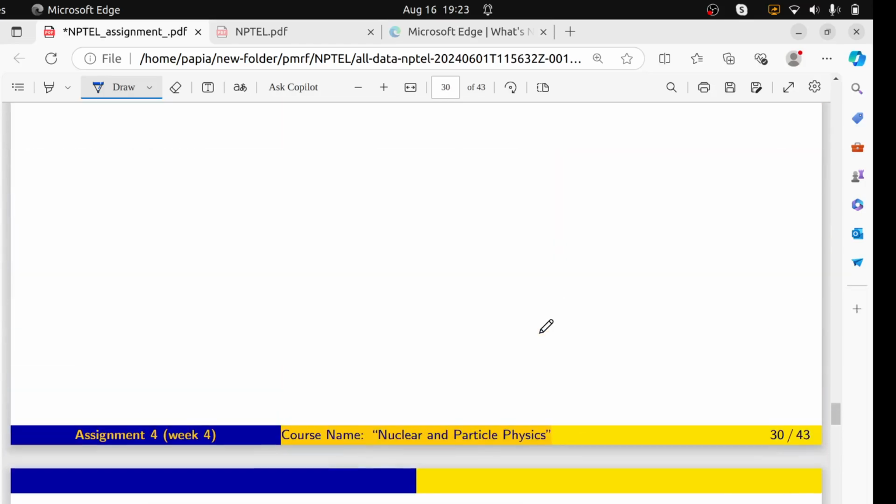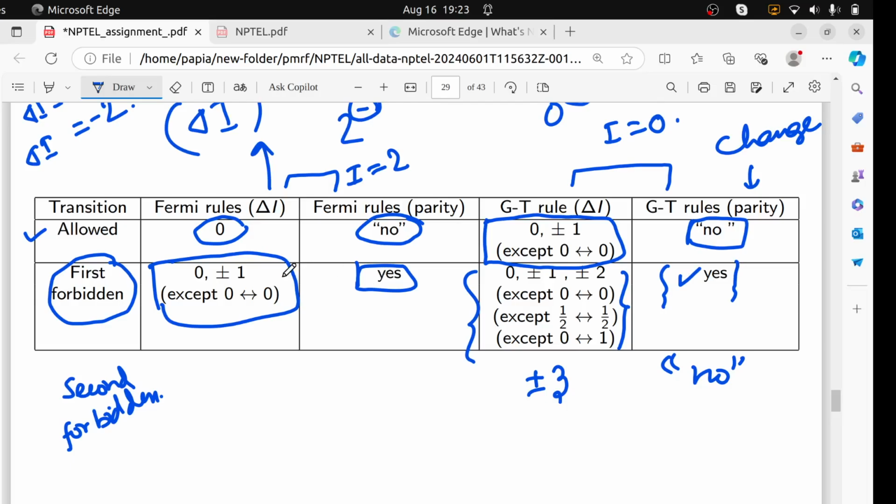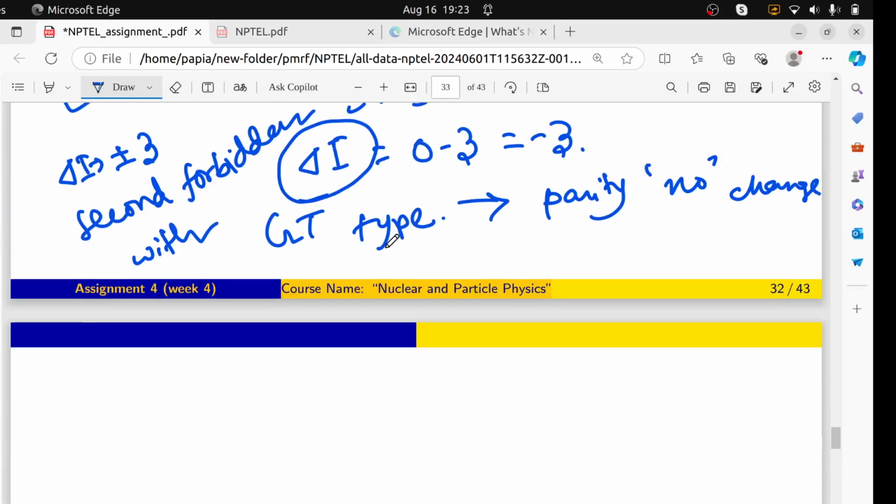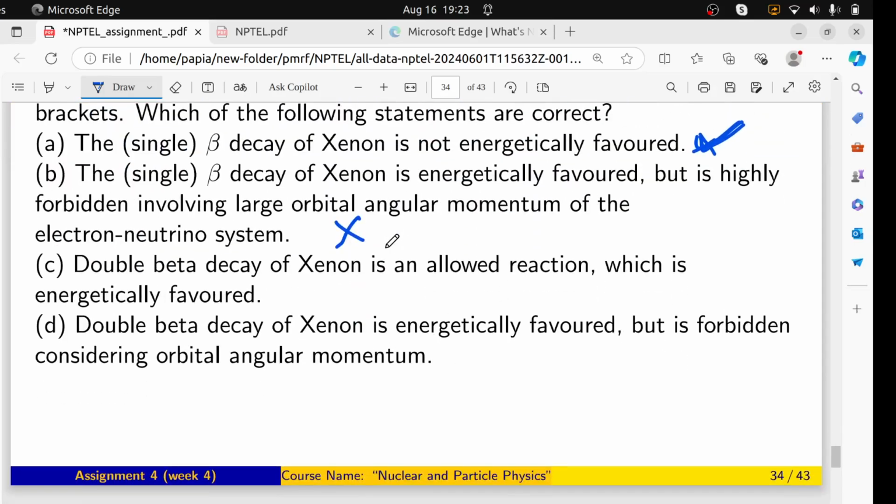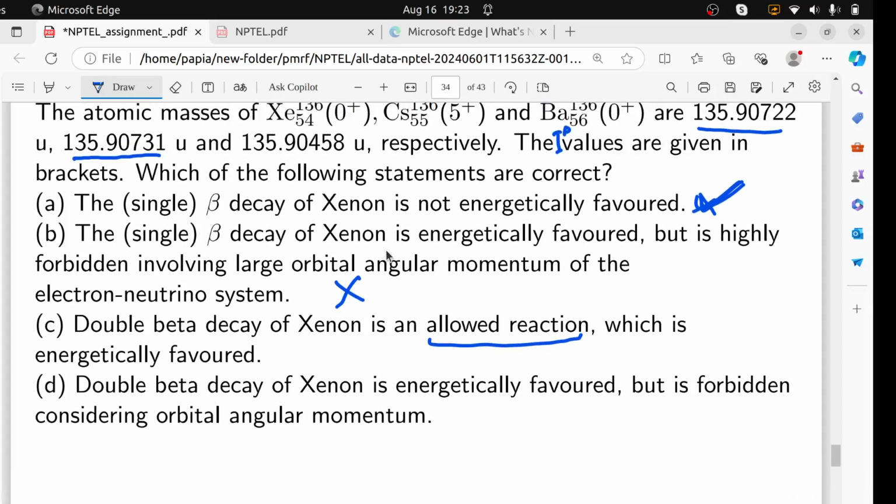Delta J equals 0 and parity no change. So that means it is an allowed one. You can see that this is an allowed one through the Fermi rule. So whatever they are telling, double beta decay of xenon is an allowed reaction. Up to this phrase, the statement is correct. Now we have to check whether it is energetically favored or not.